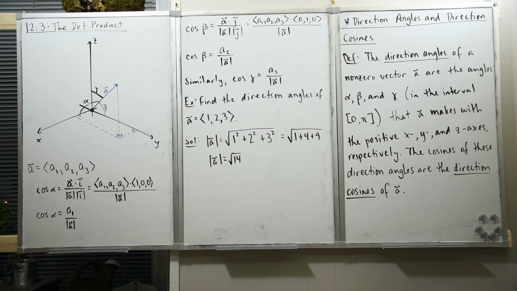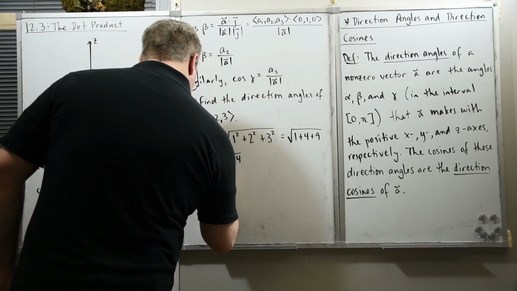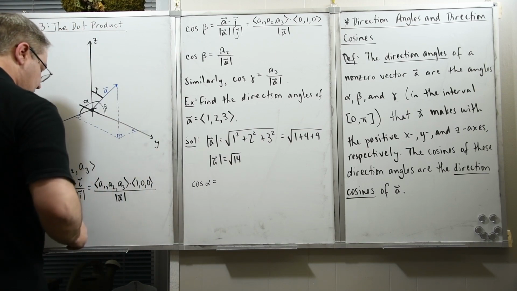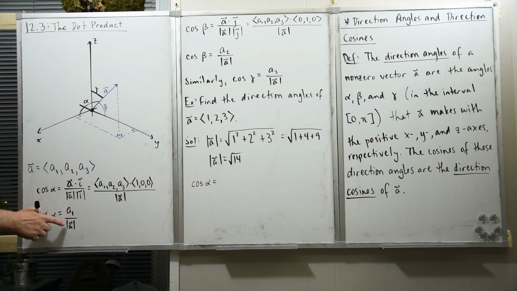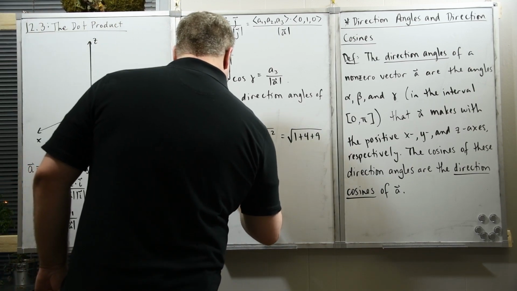Now, from this, we know that the cosine of alpha, remember cosine of alpha is A1 over magnitude of A. Well, A1 is 1 in this case. So we got 1 over the square root of 14.